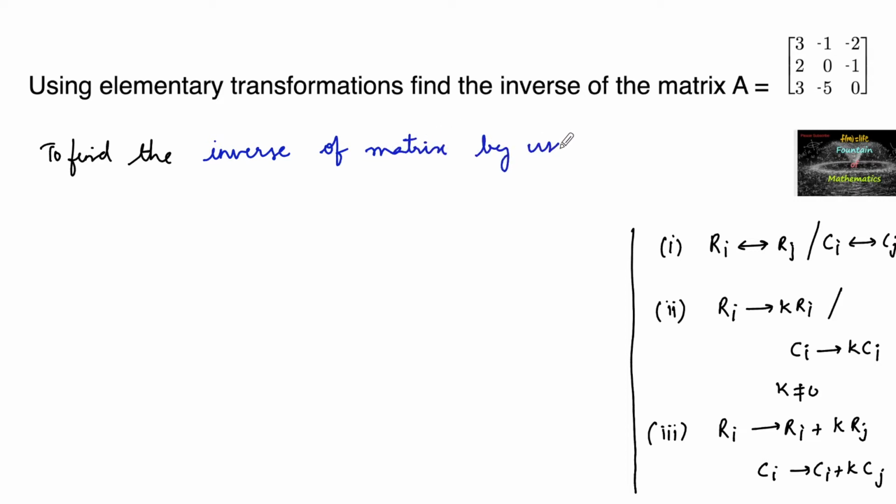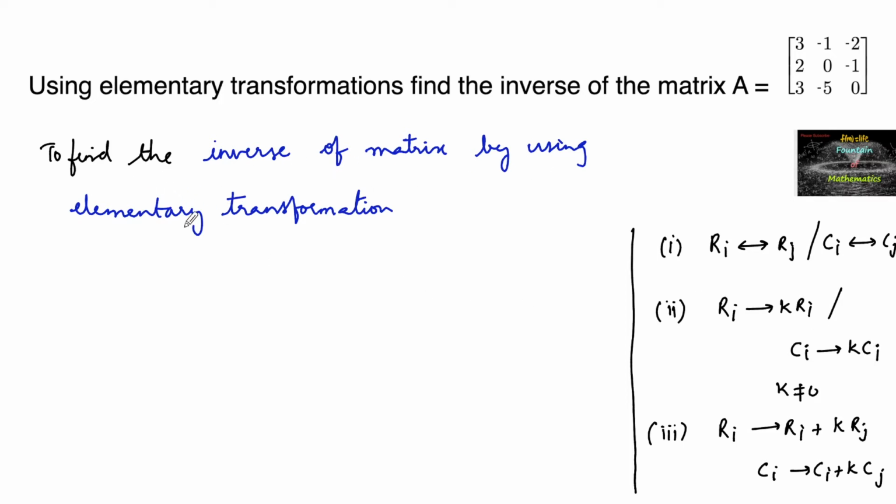While using elementary transformations, either you have to use the row operations or the column operations. Both should not be applied. This is one important point you should note. If you start applying row operations, you have to finish the problem with only row operations, or if you start with column operations, you need to finish the problem by only column operations.